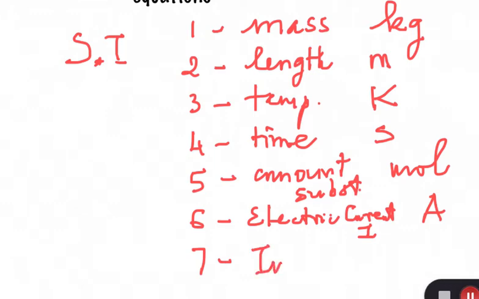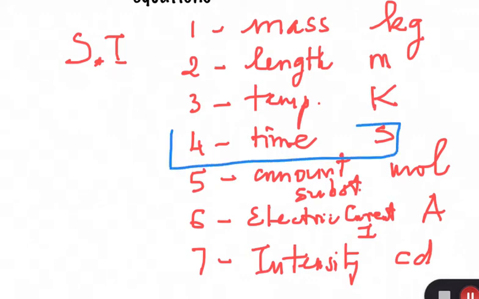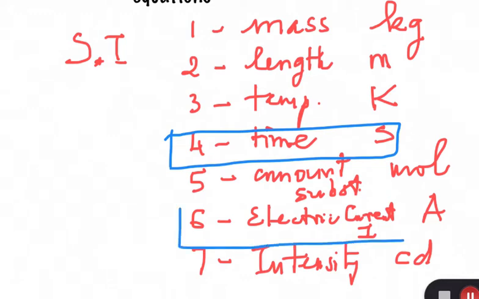The intensity of light is expressed with the unit candela, so CD. So today we are focusing especially on time and also on the electric current, on those two things. So we're going to start with the major components first.